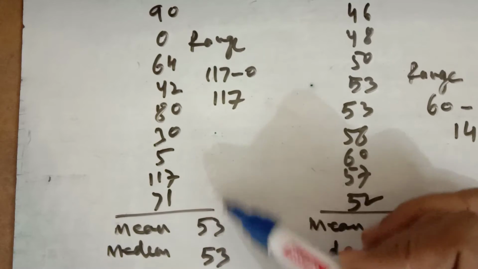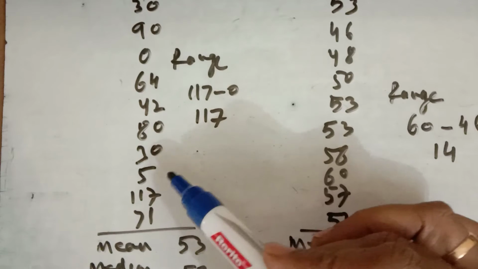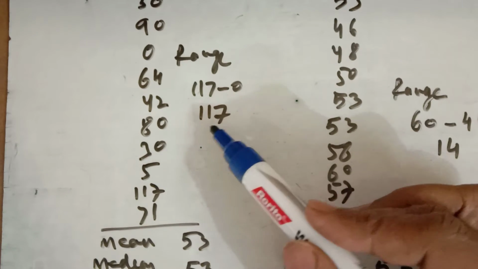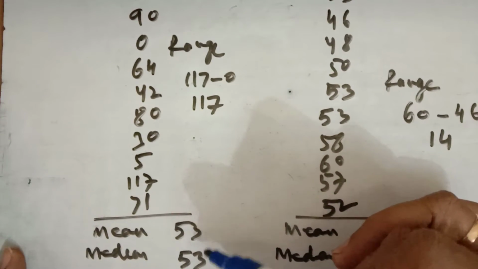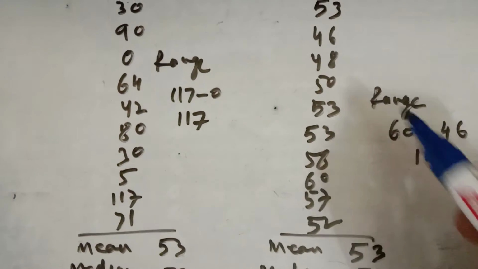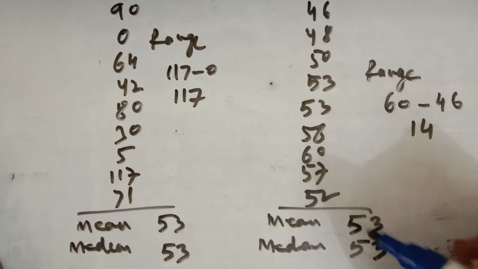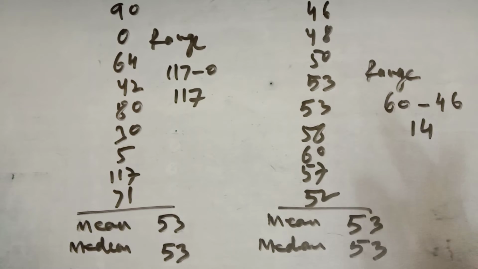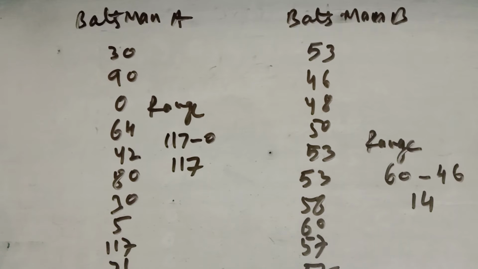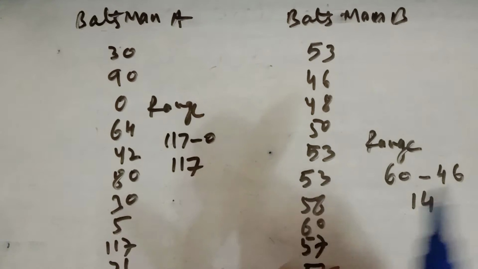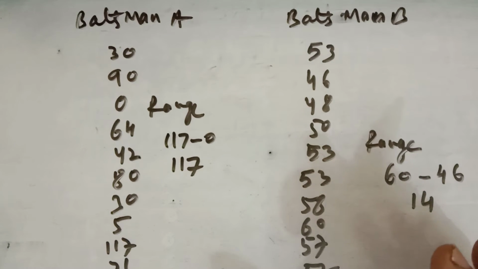If you draw the diagram, it will vary more along its mean and median. But if you see the individual scores of B, all the scores are just around or nearer to the mean and median. So this is the difference between mean and median, and the deviation or the range of the scores made by the two batsmen.